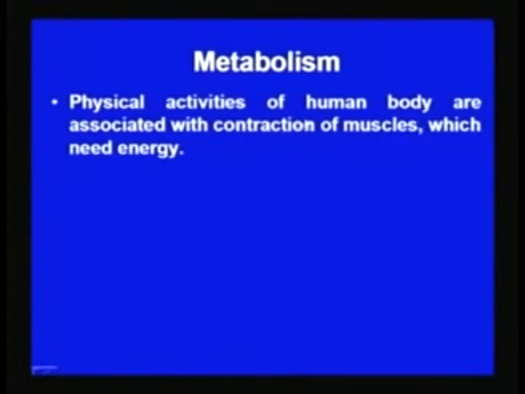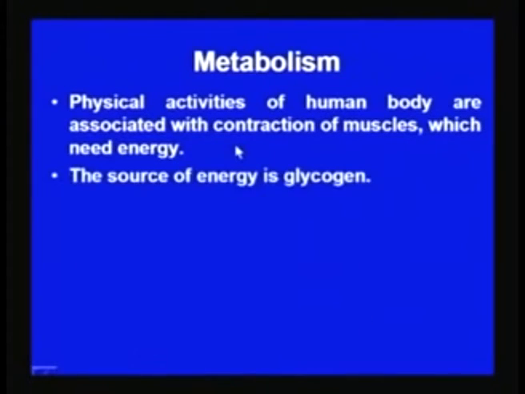The physical activities of the human body which are associated with the contraction of muscles need energy. Whenever a job is carried out, the forces that are applied to carry out the job are applied with the contraction of muscles, and for the contraction of muscles energy is required, and this required energy is supplied by glycogen.